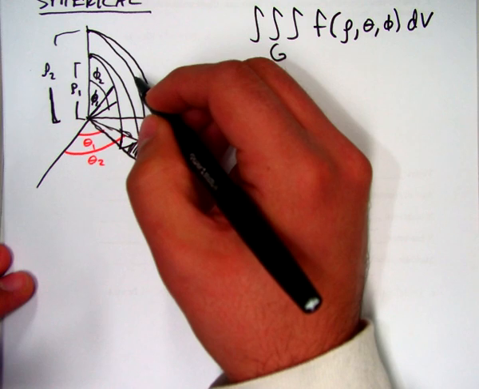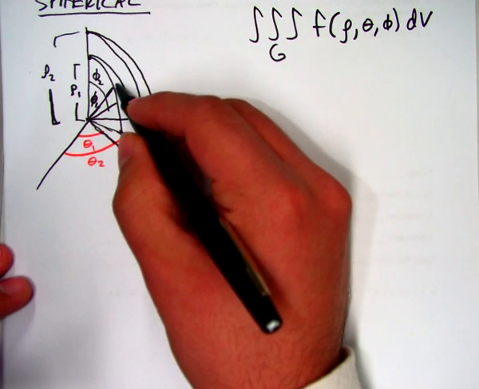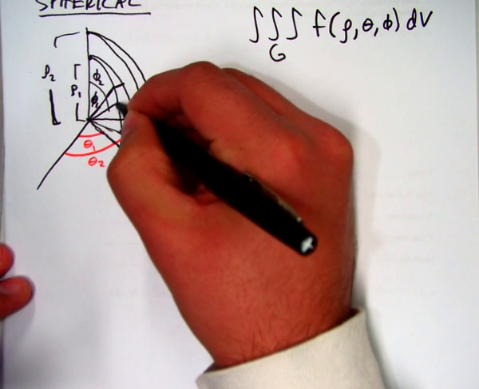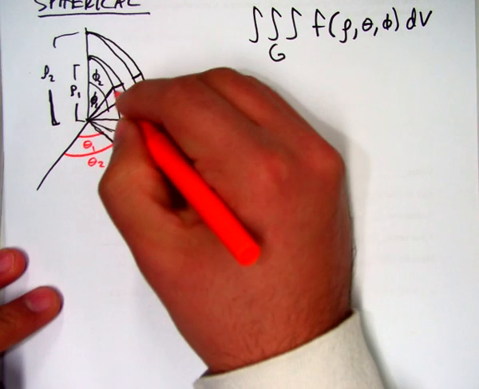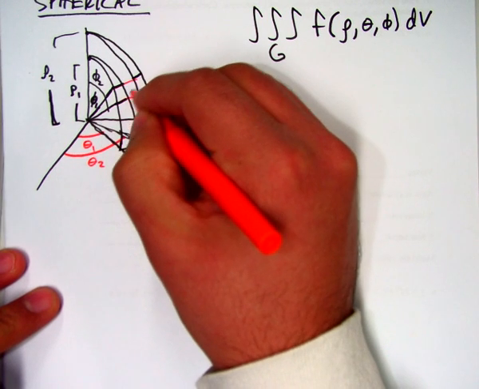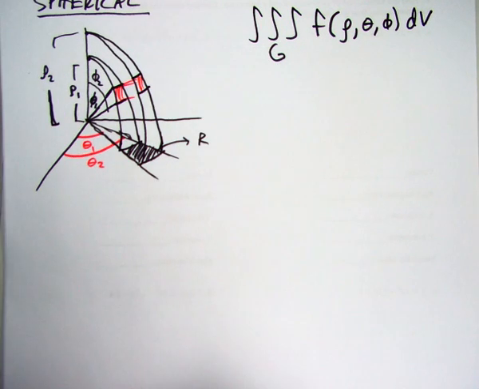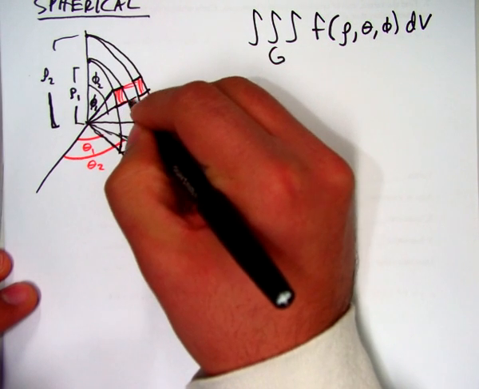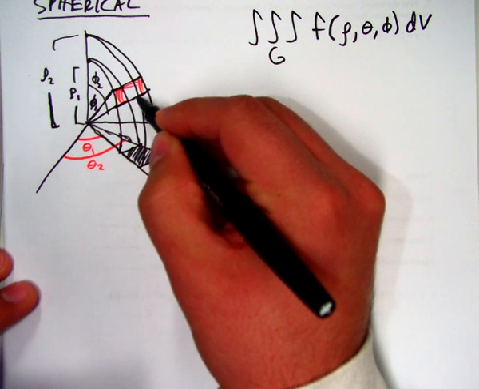We're going to get a new wedge here that's trapped between the two spheres. And they're going to look something like this. Didn't work out as well as I had hoped, but anyway, there is a little volume here trapped between the two spheres, between these two angles.